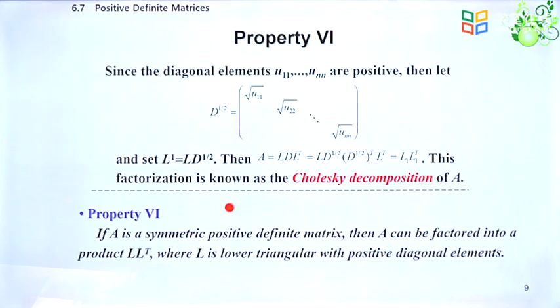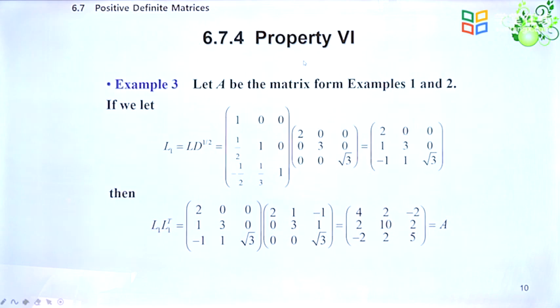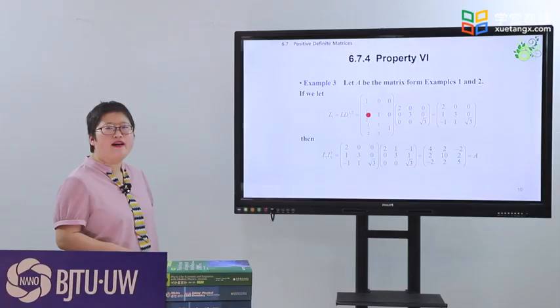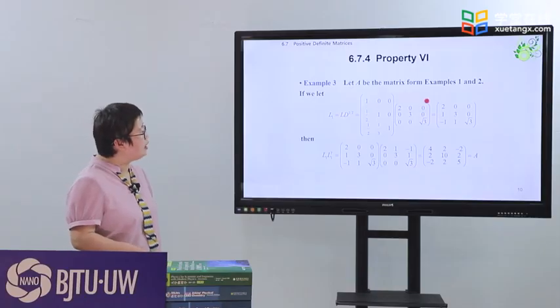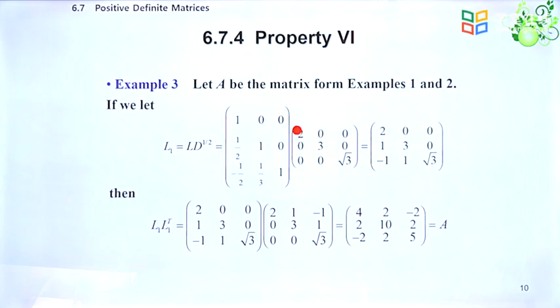So property 6 says that if A is a symmetric positive definite matrix, then A can be factorized into a product L times L transpose, where L is lower triangular with positive diagonal entries. Look at this example. Let A be the matrix from examples 1 and 2, and we compute L1 equals L D^(1/2). Before it was 4, 9, 3, and now it becomes 2, 3, square root 3.